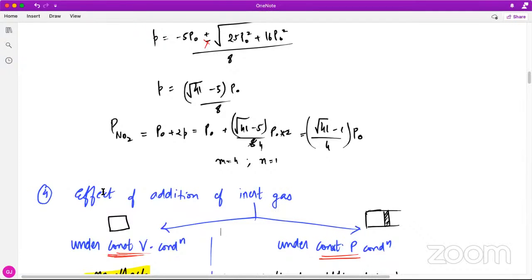So let's observe the effect of addition of inert gas, and we'll observe it under two conditions. One is constant volume conditions. Visualization-wise, it will be a closed rigid vessel. The other is constant pressure conditions, which will be when you have, let's say, a massless frictionless piston.